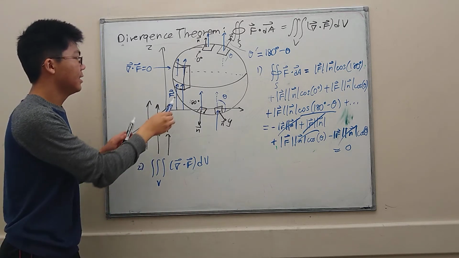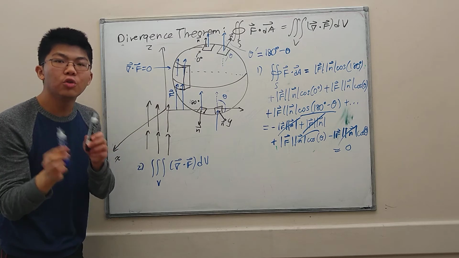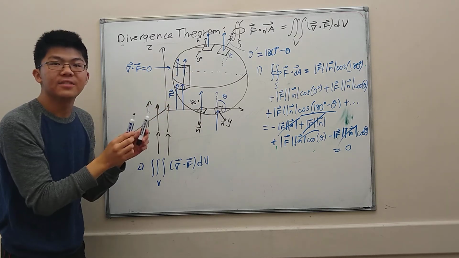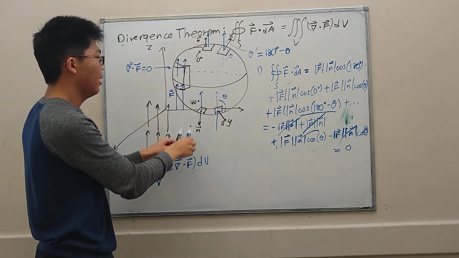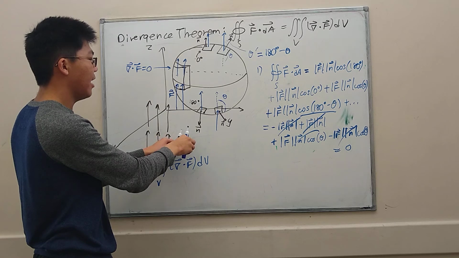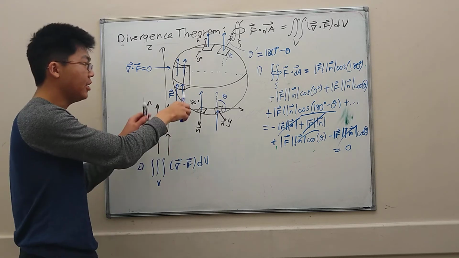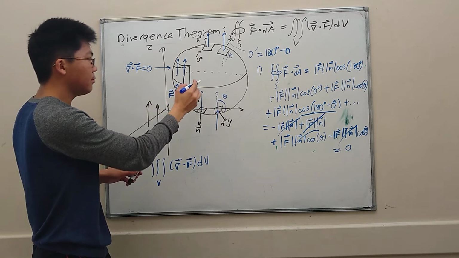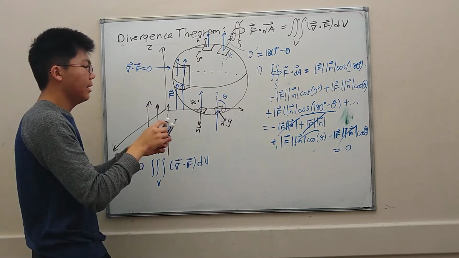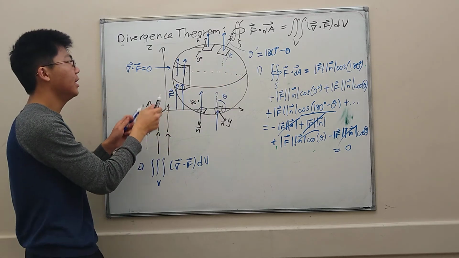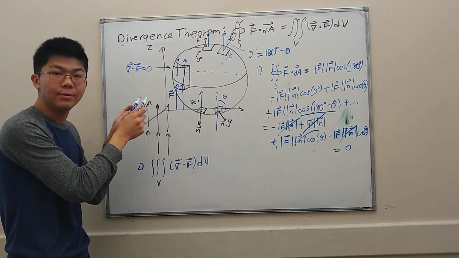In this case, it's actually true for all little blocks dV in this sphere. Because the field is pointing upward, every time that you have a field vector going into the sphere, it will also go out of the sphere. And so if you pick any dV, not just here, but anywhere located along the sphere, the divergence is going to be 0.